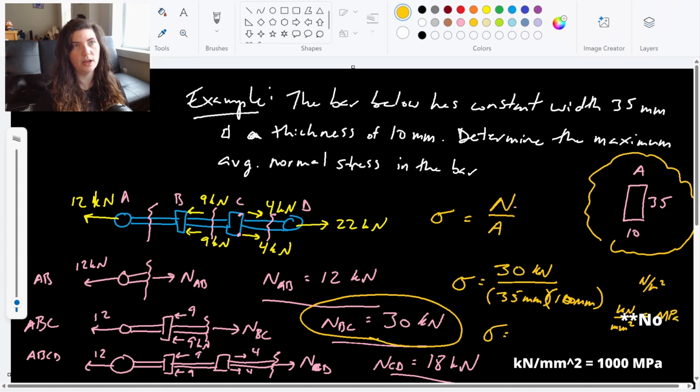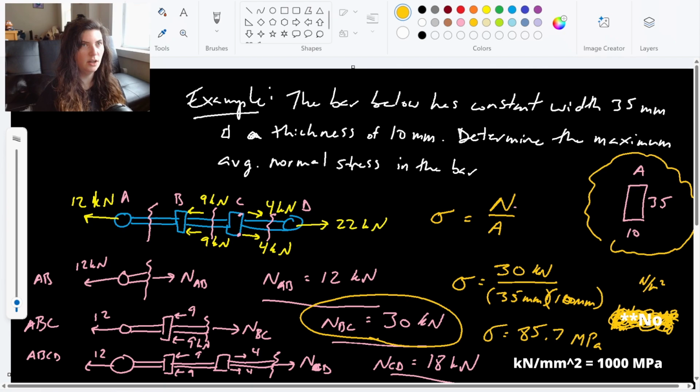We can shortcut it that way, or we can just do the unit conversion calculations. But skipping a couple unit conversion steps, when I punch it into my calculator, I get 85.7 megapascals. I might have this conversion wrong that I gave you.